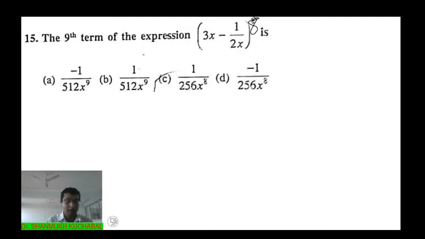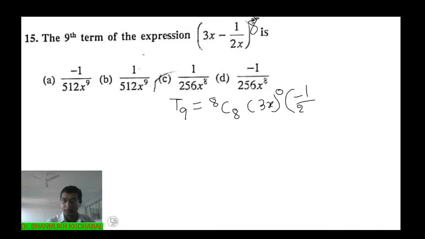We use the formula of the general term, that is T(r+1). T9 equals 8C8, then 3x raised to 0, next minus 1 upon 2x raised to 8. I used the formula nCr, x raised to n minus r, y raised to r.